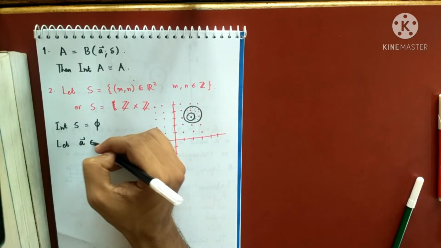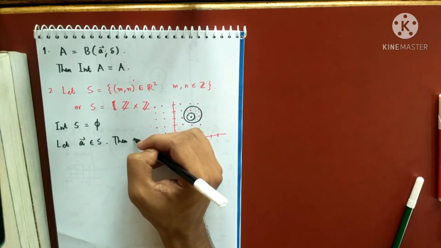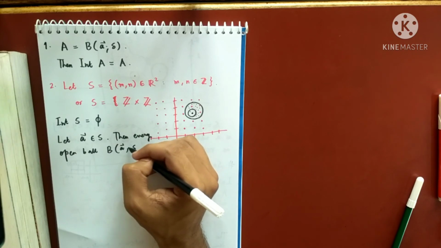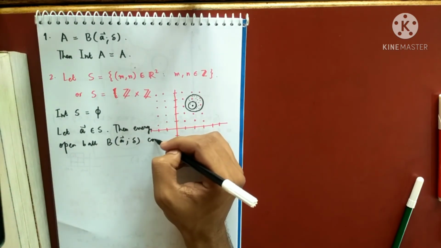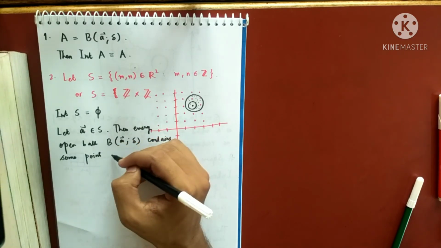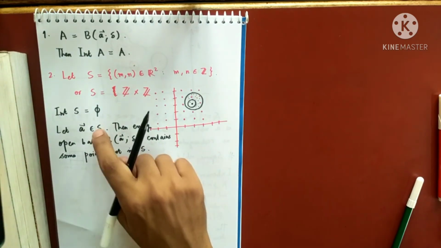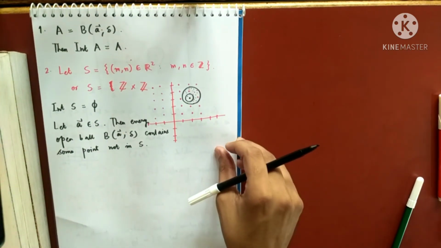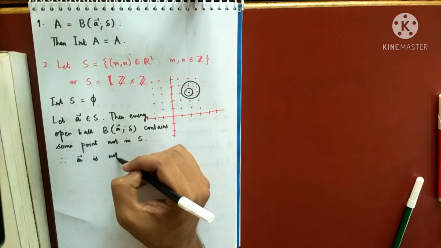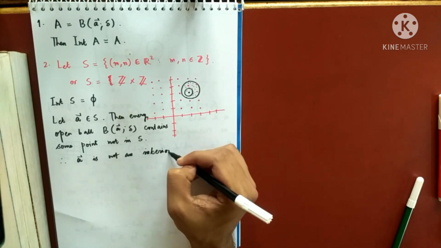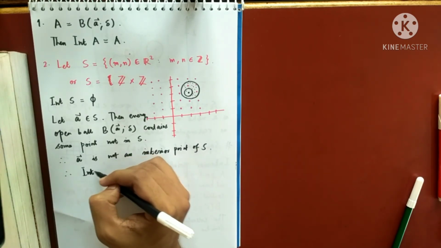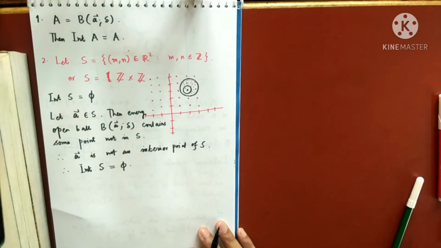Let A be a member of S. Then every open ball B centered at A and radius delta contains some point not in S. Whatever point you choose, if you draw an open ball around it, you will always find some points not in S. Therefore, A is not an interior point of S. As A was arbitrary, the interior of this set is nothing but the empty set. Am I clear to everyone?